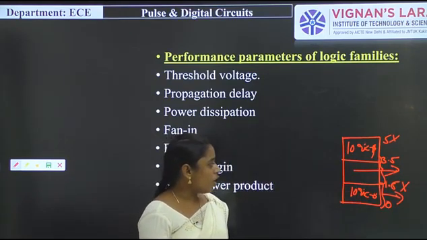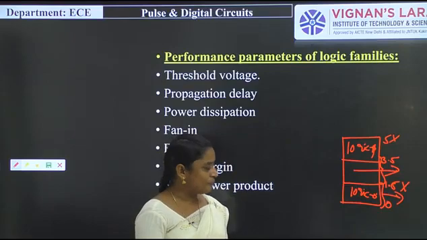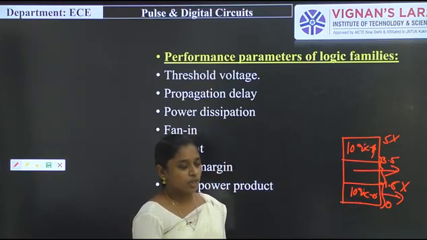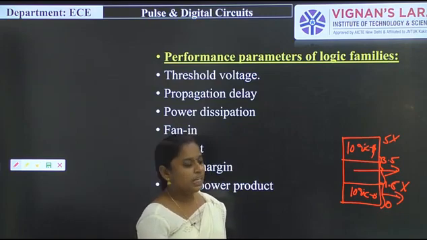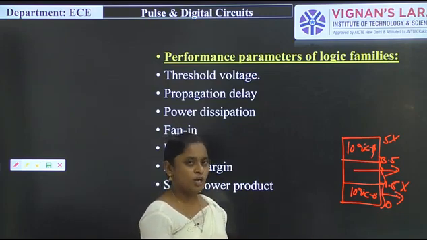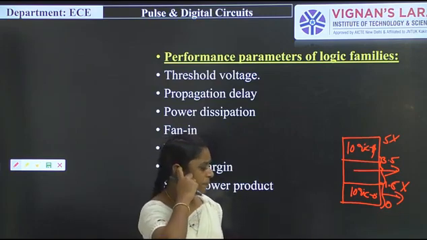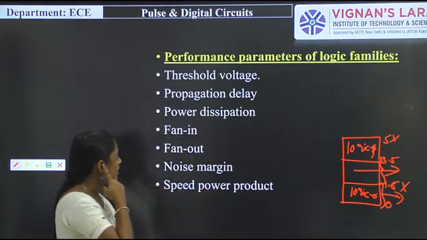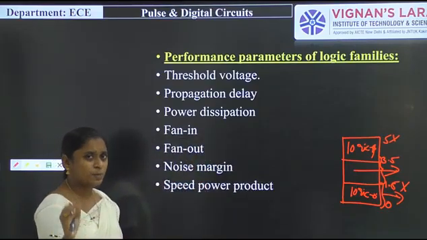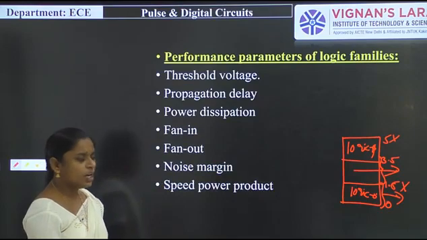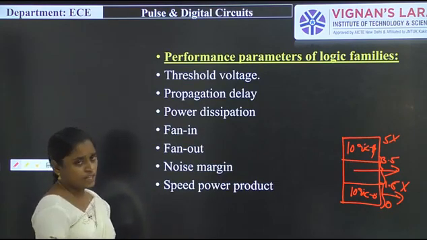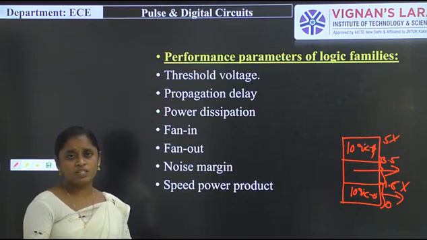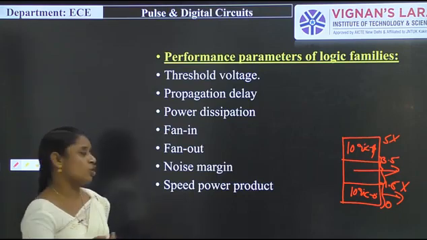So in case my output is in between 1.5 and 3.5, we don't define that output. In case my output is 0 to 1.5, we have to define that output condition. So this is the general representation of logic 0 and logic 1, just to recall that information. Next we go to the performance metrics of the logic families, and the first one is threshold voltage.